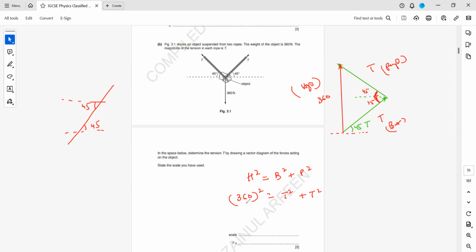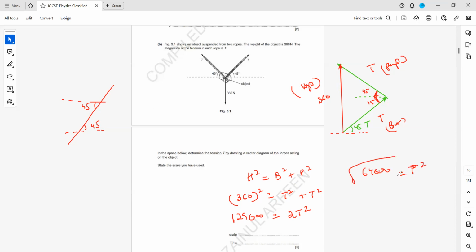So 360 square equals T square plus T square, which will be 2T square. 360 square is 129600. And T square plus T square is 2T square. This 2 is multiplied on one side, so on the other side it will be divided. It will give 64,800 is T square.